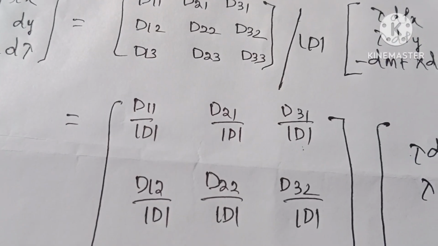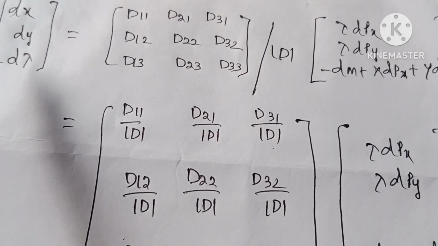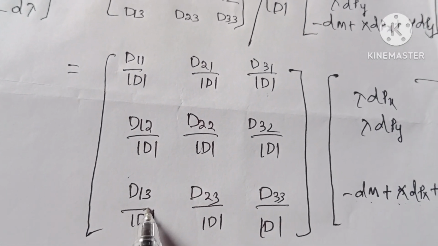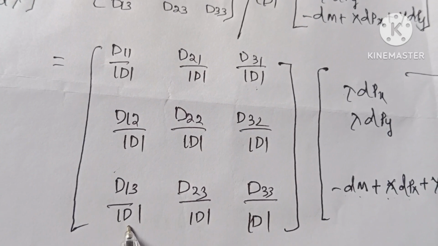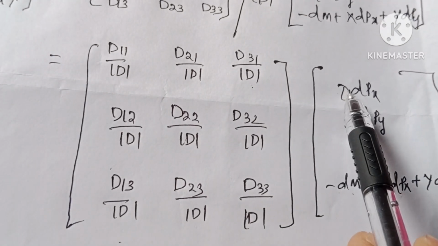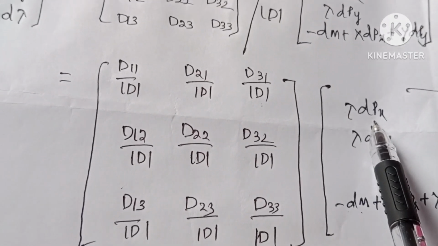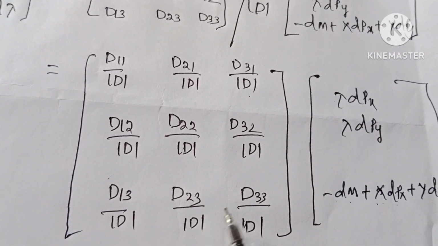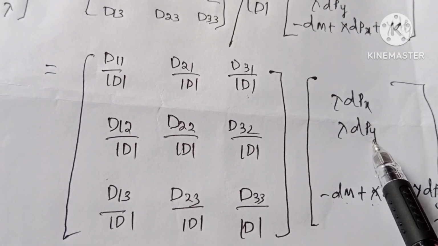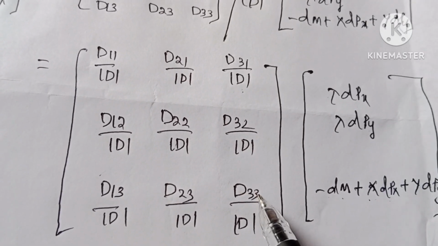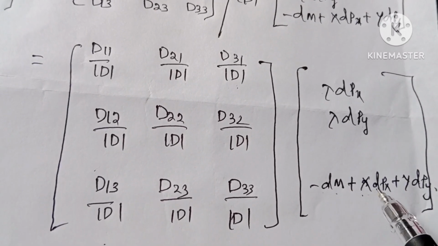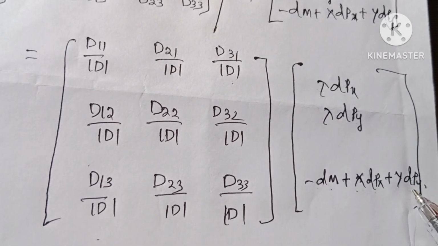Then similarly, d lambda equals d13 divided by the value of the determinant multiplied by lambda dpx, plus d23 by the value of the determinant multiplied by lambda dpy, plus d33 divided by the value of the determinant multiplied by minus dm plus x dpx plus y dpy.